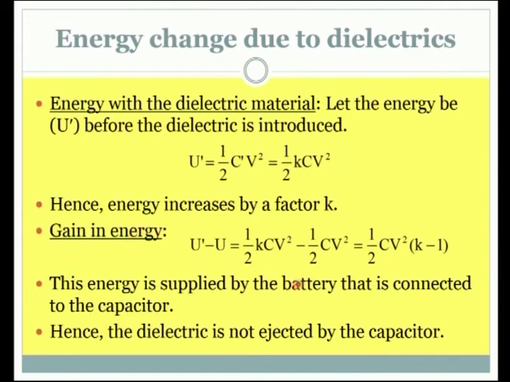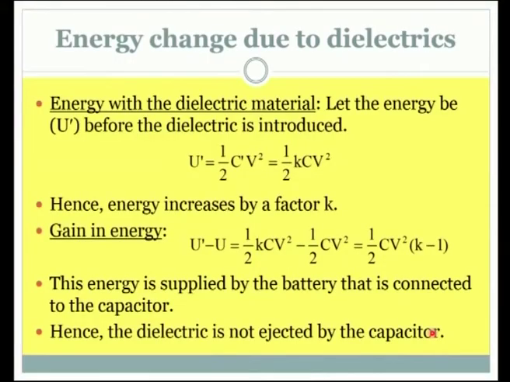This energy is supplied by the battery that is connected to the capacitor. Hence, the dielectric is not rejected by the capacitor. We may have an idea: when the potential remains constant, the energy is increasing, so the system will not prefer such an increase, so the dielectric will be ejected. Will it happen?